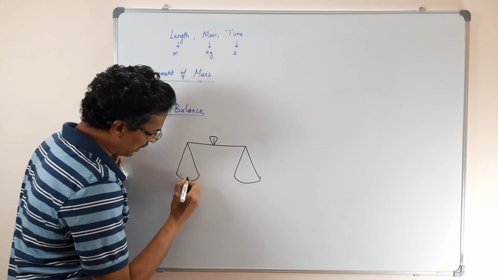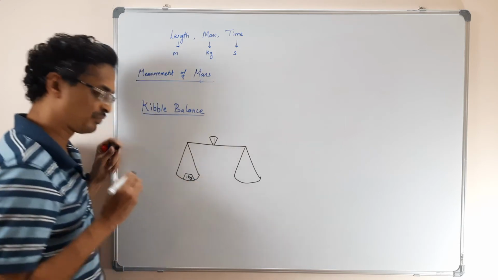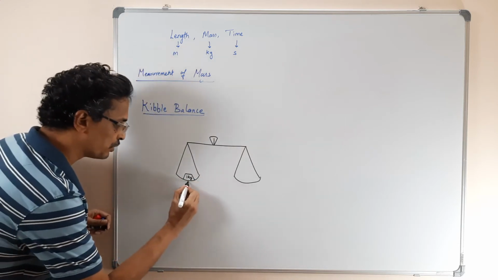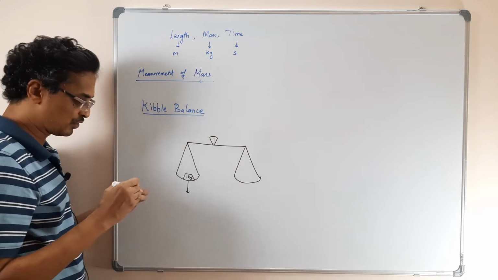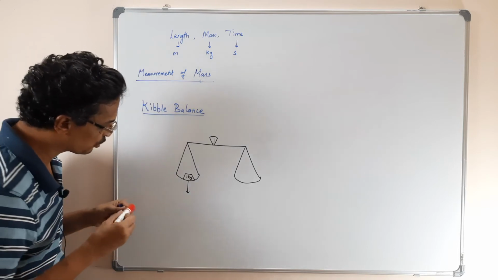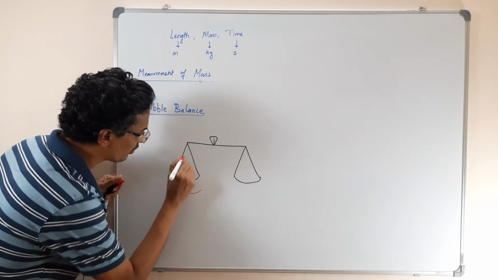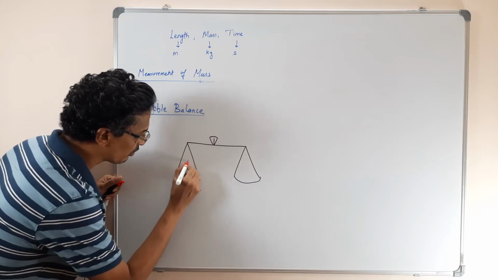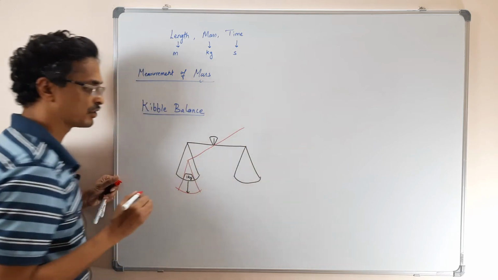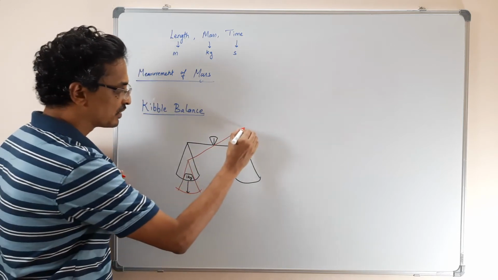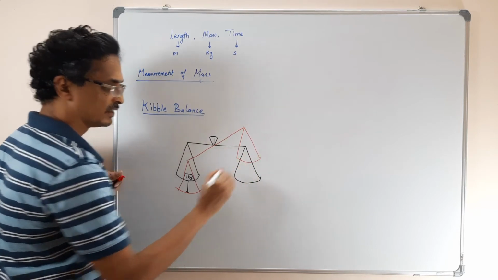Now what I am going to do, I'll put a 1 kg here. This is going to pull this pan down, correct? So now my pan has moved here, and so the balance also moved like this, correct? So now the pan is something like this.